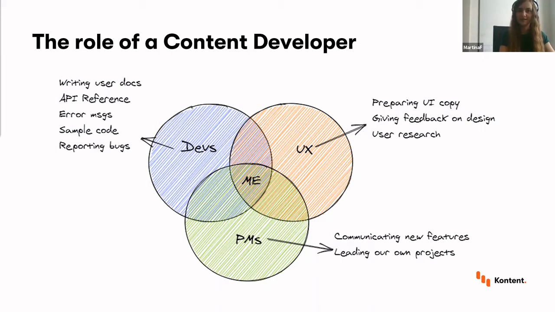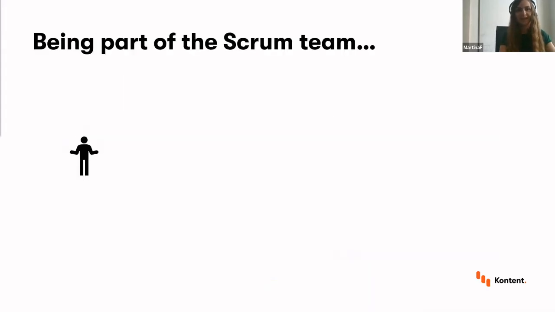And last but not least, we're also working with product managers to properly communicate new features and their benefits to the users. As time goes by, you also get your own projects, but I'm not going to go into that because we would be here forever, so let's move on.